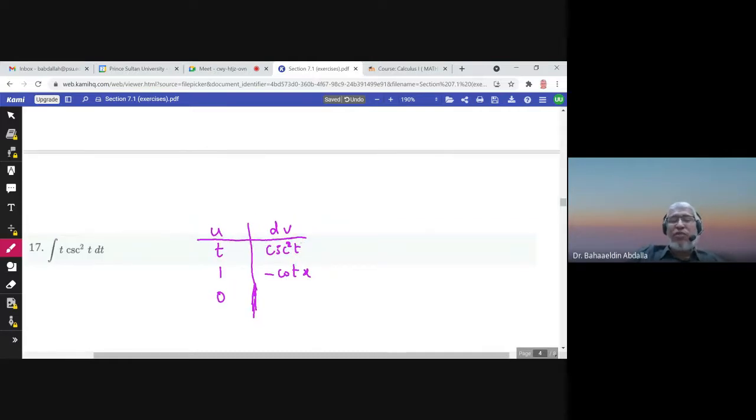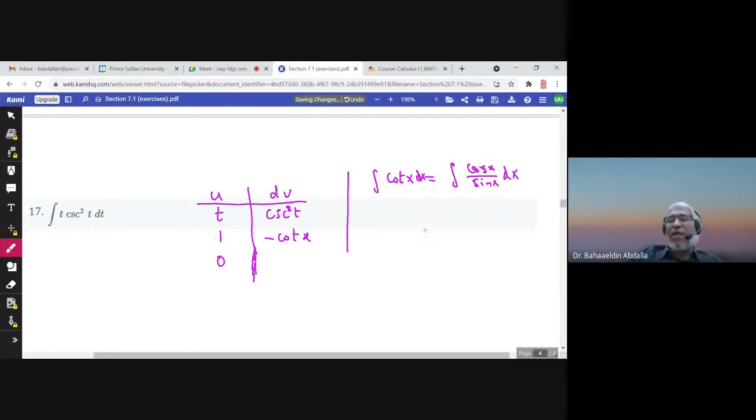To find the integral of cotan, we write it as cosine over sine. We know that cotan x is cosine over sine, while tan is sine over cosine. And then we take u as sine x, and then du would be the derivative of sine, which is cosine x dx.